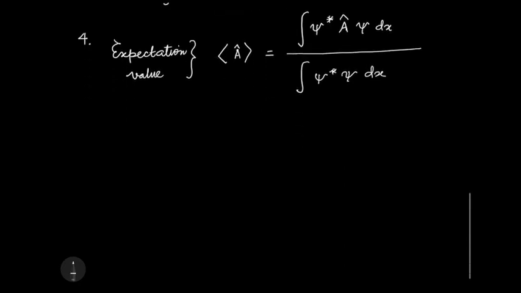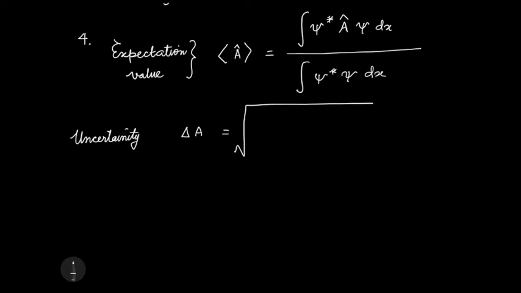We were talking about uncertainty the other day, so I can calculate the uncertainty in the measurement of the dynamical variable A, and this will be given by the expectation value of A cap square minus the square of the expectation value of A cap.